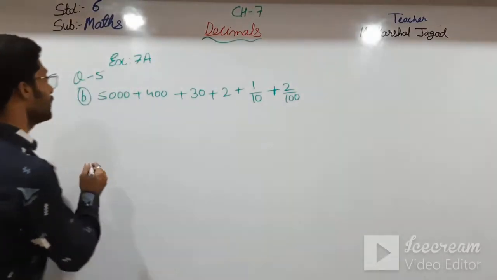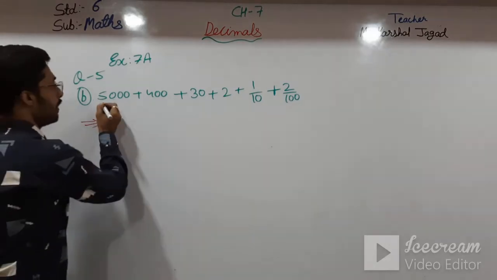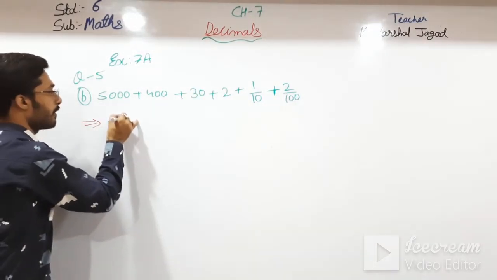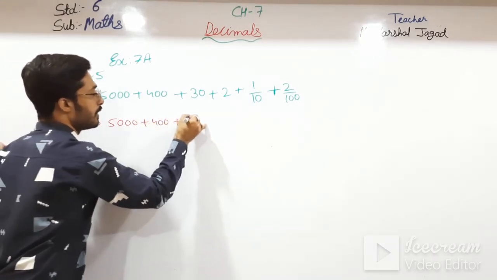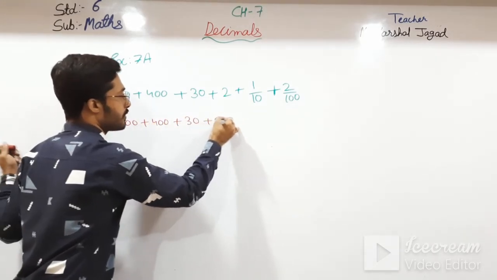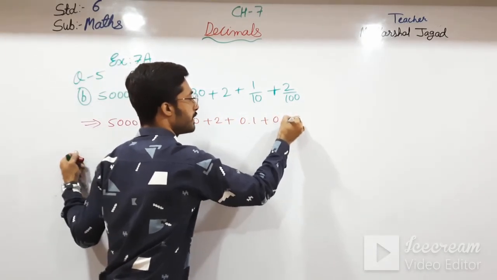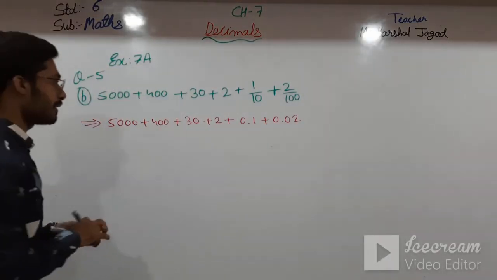I suggest that first you convert this into decimals: 5000 plus 400 plus 30 plus 2 plus 0.1 plus 0.02.